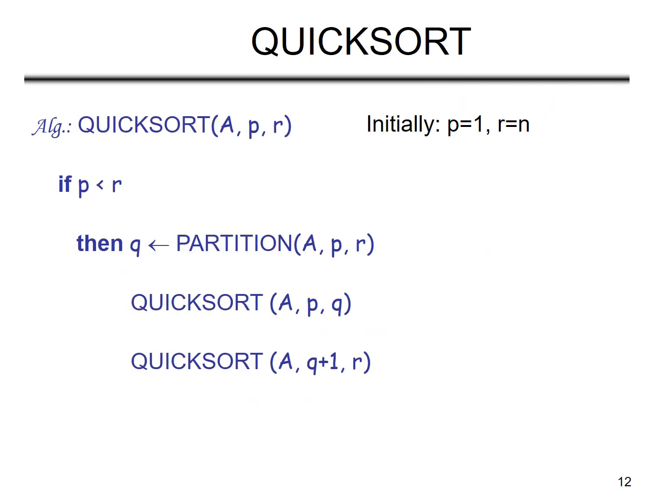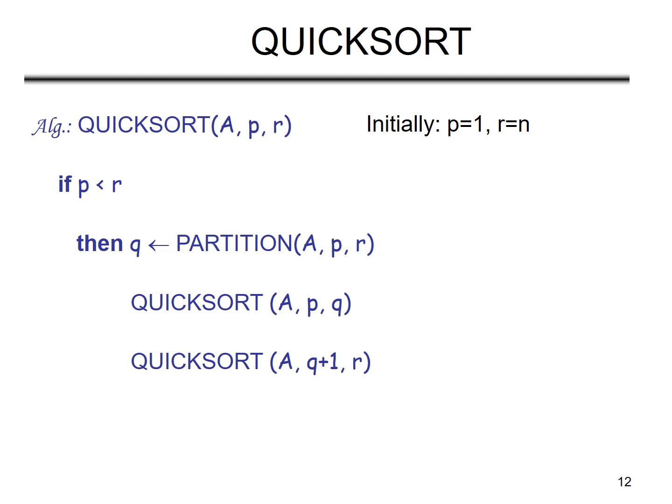Now this is the quicksort algorithm. The name of the algorithm is quicksort. I need to sort the array A, and the elements run from position P to R. Any recursion must have a termination condition. I keep doing this as long as I have more than one element. Now I call for a partitioning. It tells me the position of the pivot element, the key element.